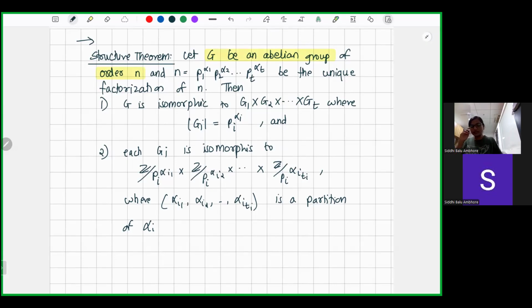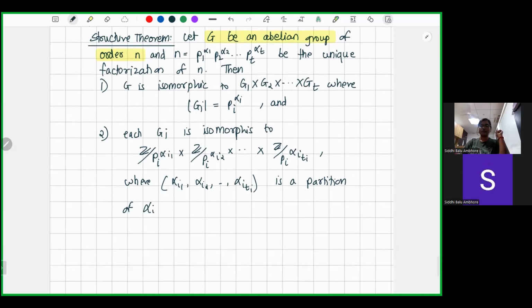And what it says is that G is isomorphic to a cross product, see, if n has this prime factorization with t distinct primes, then G will be isomorphic to a product of t such groups, each of which is a group of order pi power alpha i, which is similar to what we have here.